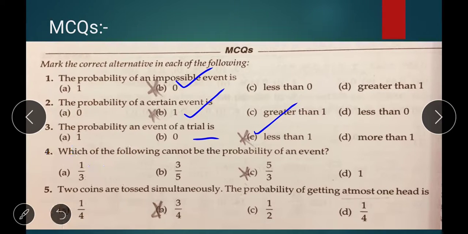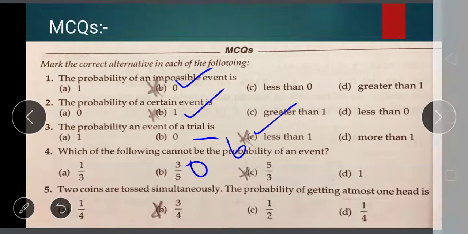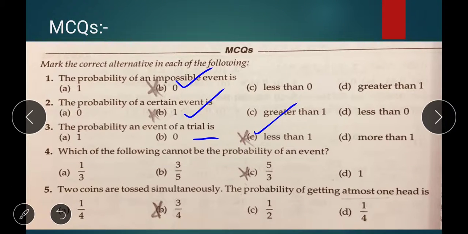Then 3 by 5 is also 0.6 something. Then 1 is a certain event. If a certain event is there, P of E equals 1. So that is also right.